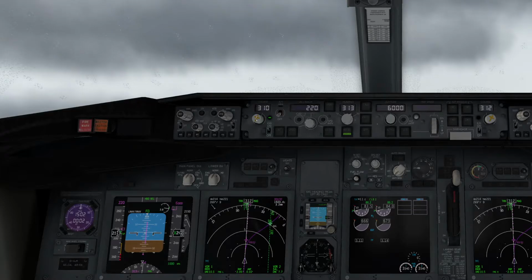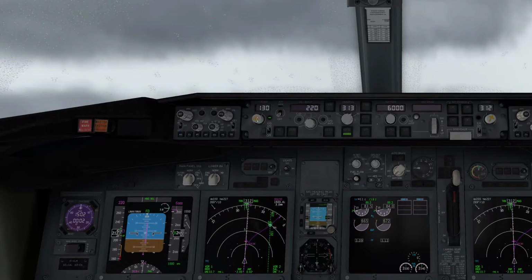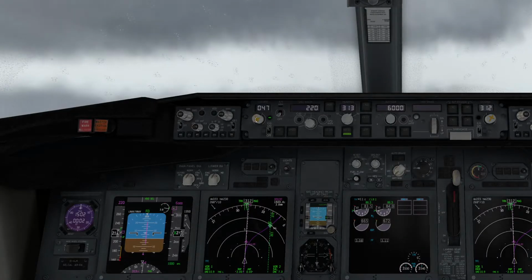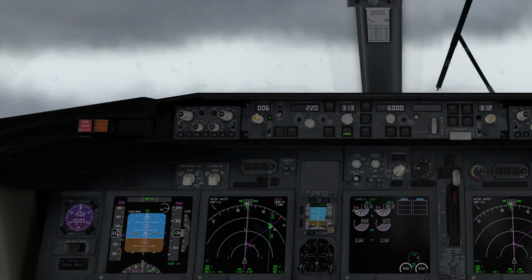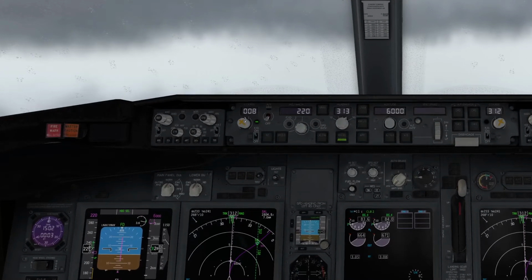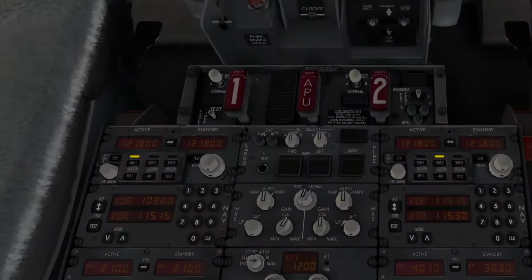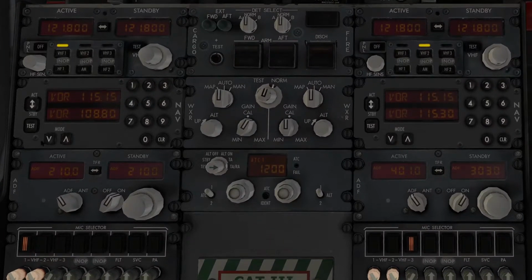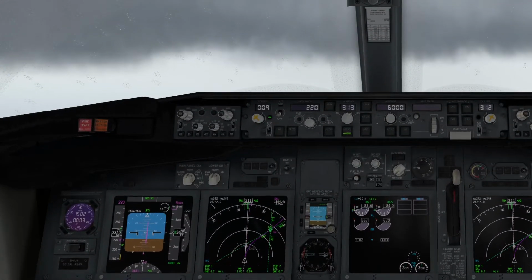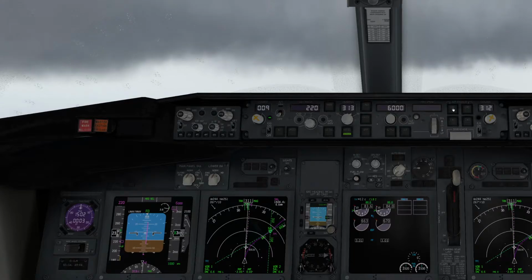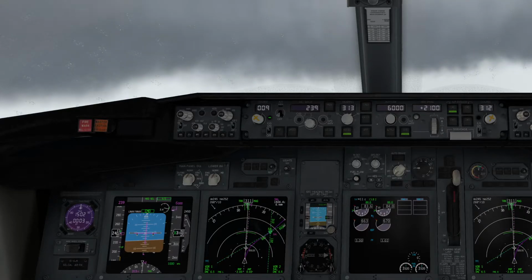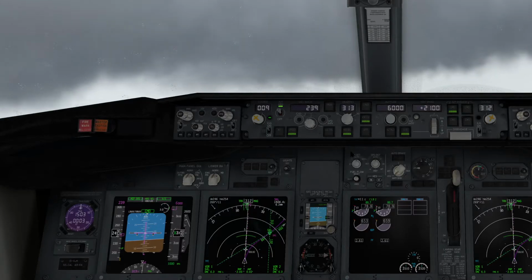And on the, we have to intercept the Salon de Provence 009 radial. Autopilot on. And VOR LOC to intercept.